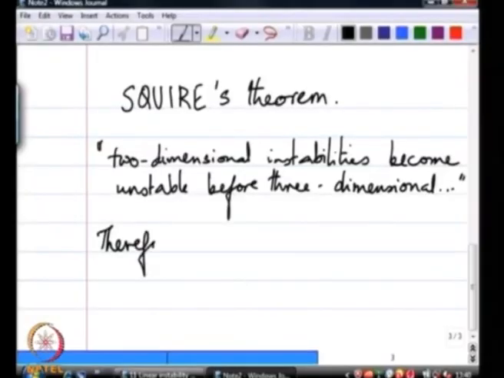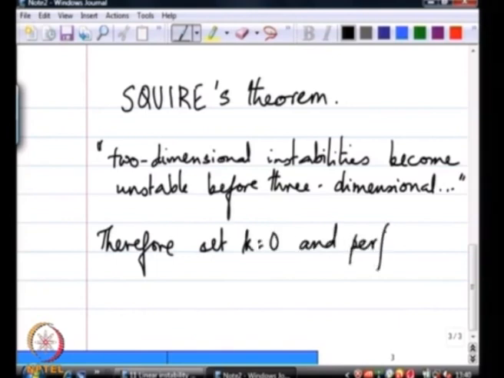Okay. So, we can go forward with this analysis by setting k equal to 0 and perform a 2D linear instability analysis.